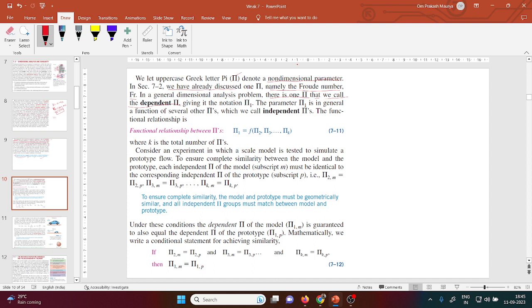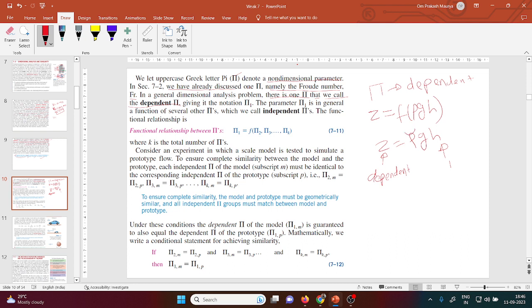Dependent means what here? Let's say z is equal to a function of rho g h, that is, z equals rho g h. This is the dependent, and this one is the independent.